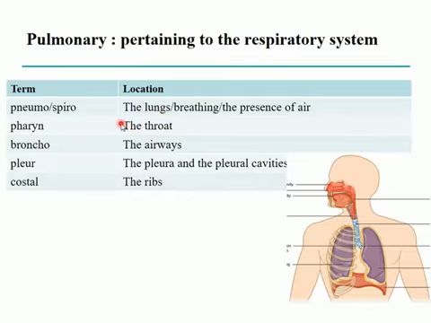So pharyngitis is a sore throat. Broncho for the airways, like here. And when you're talking about the airways which are actually embedded in the lungs, a bronchodilator is something an asthmatic uses to make those airways larger when they're having an asthma attack.